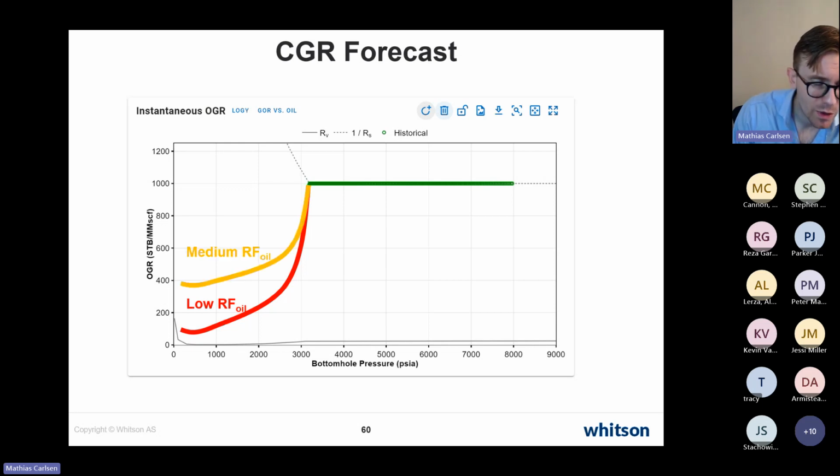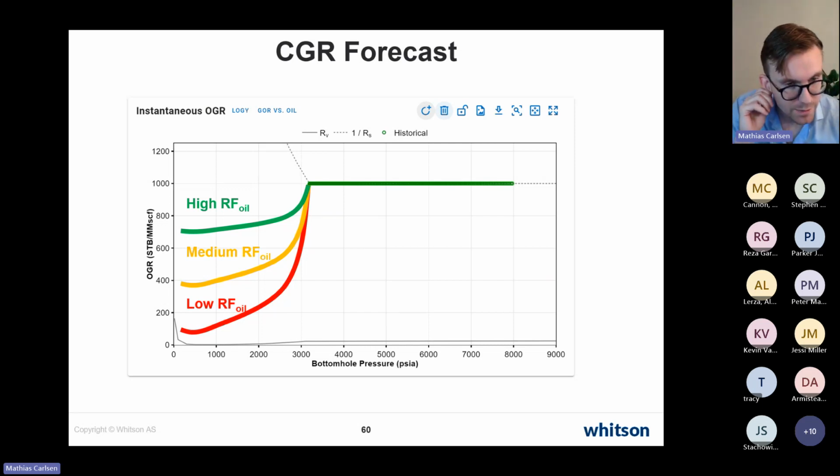And the higher this number goes, obviously the higher your recovery factor for oil is. Okay, so this is probably where, and I'll show you how you QC that this number or your forecast makes sense and all that stuff. We'll get to that in a sec. But that's probably the key plot where most people spend the most time in the beginning.